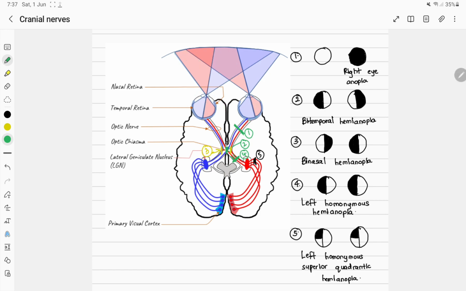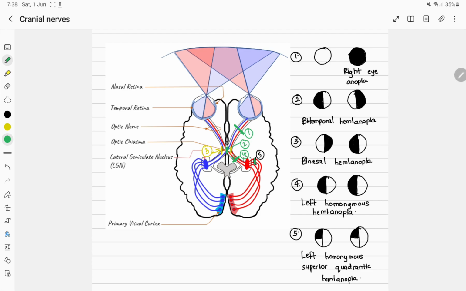Now the next type of lesion, imagine it is in the lateral geniculate body or the optic radiation. So if the lesion is in the lateral geniculate body on the right side or the optic radiation on the right side, in the fifth one here, you will get left-sided homonymous hemianopia.